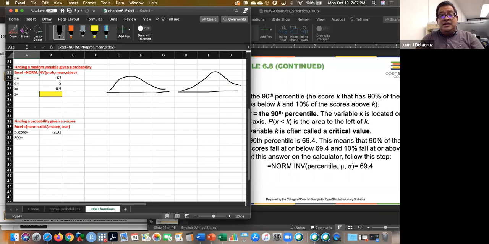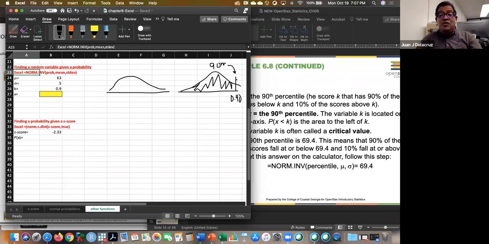I was told that this area accounts for 90%, which corresponds to the 90th percentile. So this point is going to be 0.900. Remember, this is what is called the critical value.